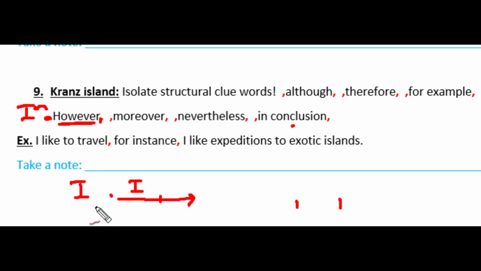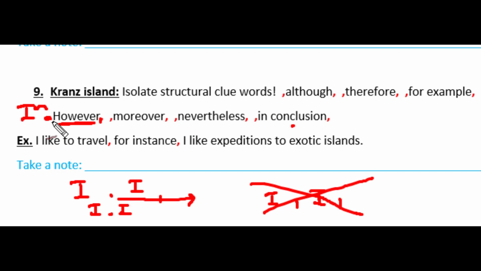So thus, we have two independent clauses separated by a period. You with me? Over here, if we have an independent clause, a comma, and another independent clause, that's called a run-on sentence. See why a period here would be the better choice.